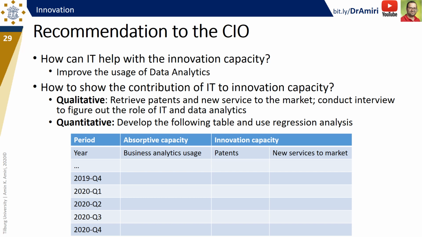He can also use a quantitative approach. He can develop the following table where you have either the years or the quarters in the first column, and then the business analytic usage, the number of patent applications made by the organization, as well as the new services and features introduced to the market.